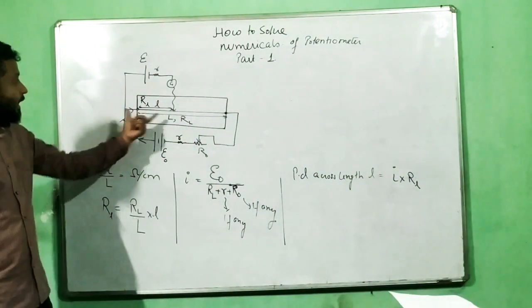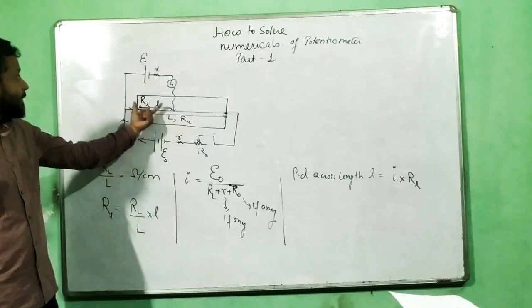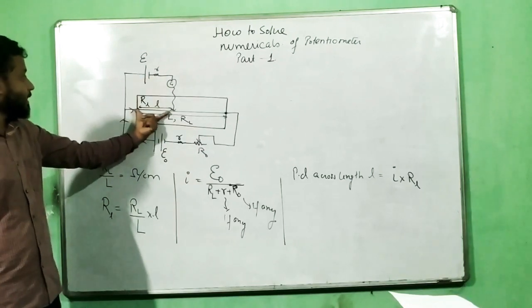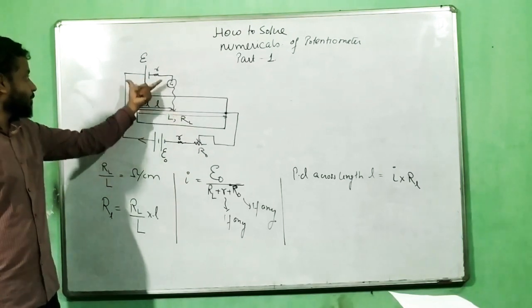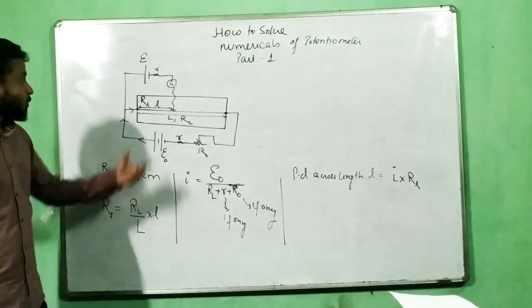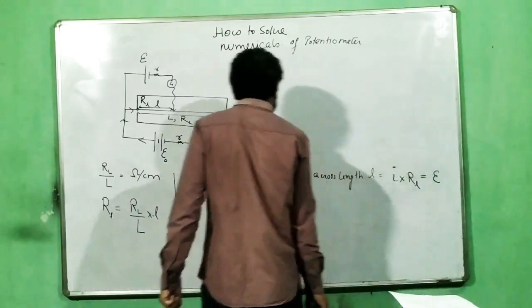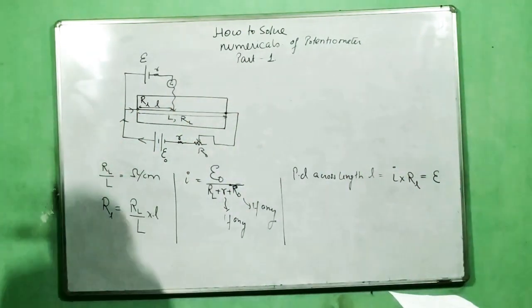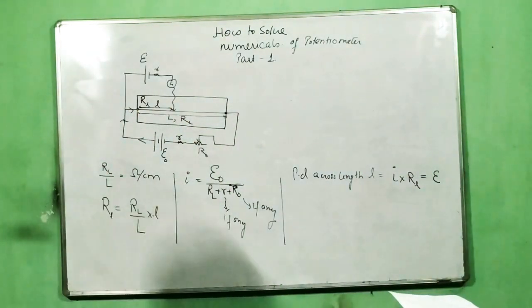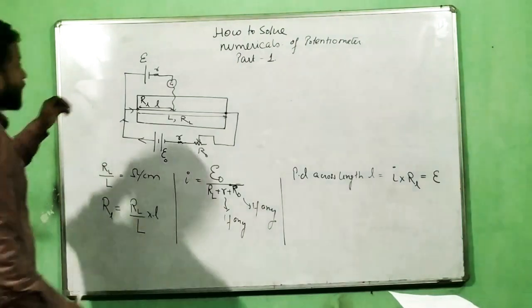What will that give you? That will give you the balancing EMF on this side, because of the balance condition, potential drop here and potential drop here will be the same. So that is nothing but equal to the EMF which you are looking for.